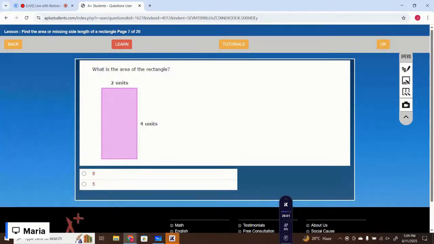What is the area of rectangle? That is 2 times 4 is 8. Option number 1 is the correct option.